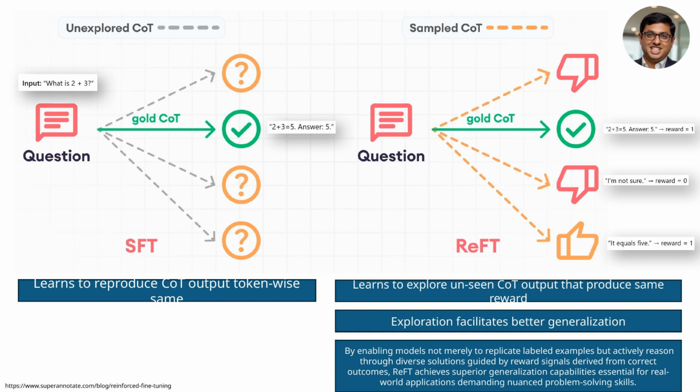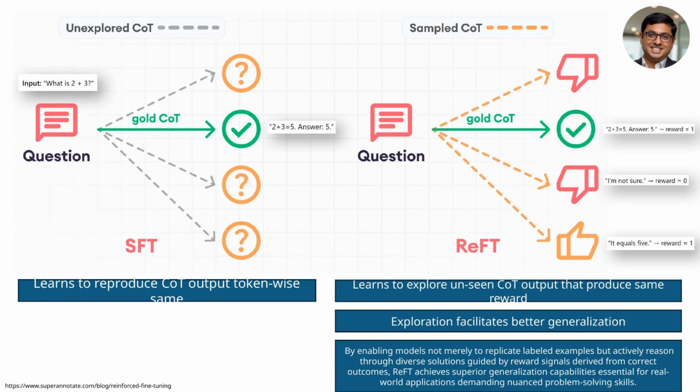Each time the model generates an output, it is graded, and this score acts as a reward signal, nudging the model's parameters in a direction that should improve results. This process is repeated, and model performance is checked on a validation set to confirm it is learning effectively and not just memorizing. ReFT offers several advantages over SFT.